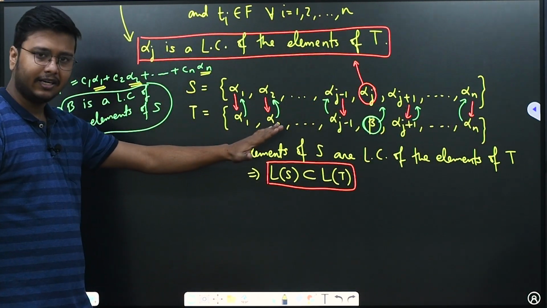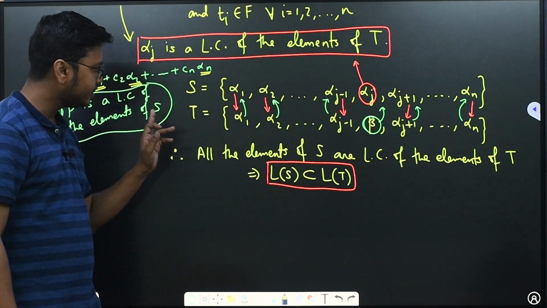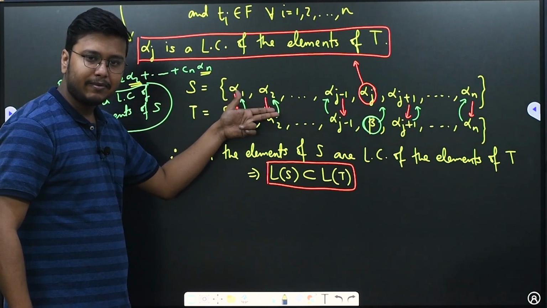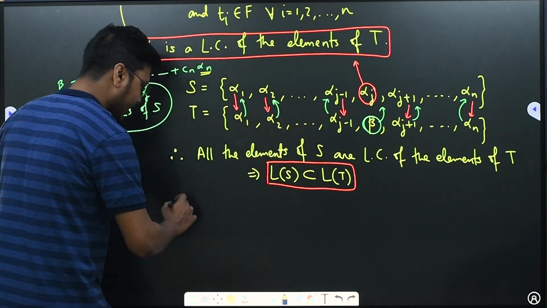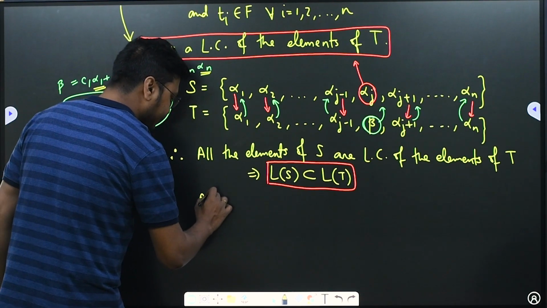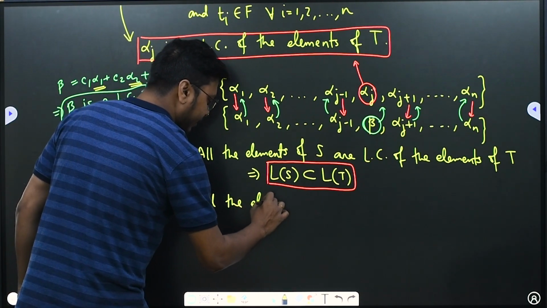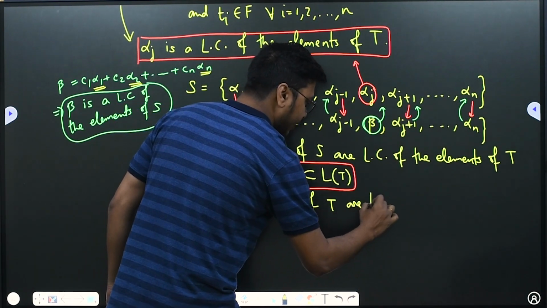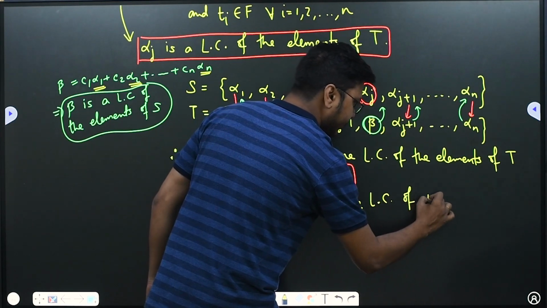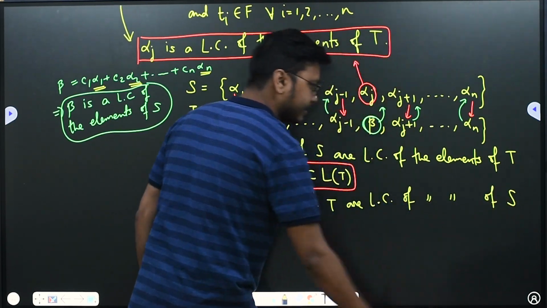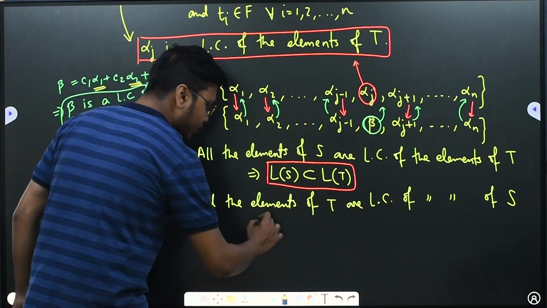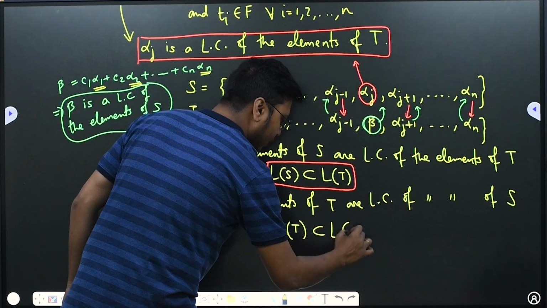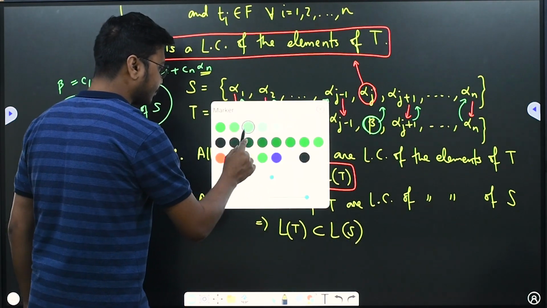So all those are linear combinations of the elements of S. So I can see that all the elements of T are linear combinations of the elements of S. By similar logic, now I can say that L of T is a subset of L of S, right?